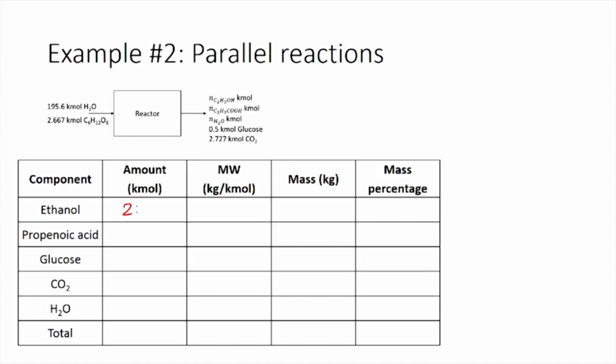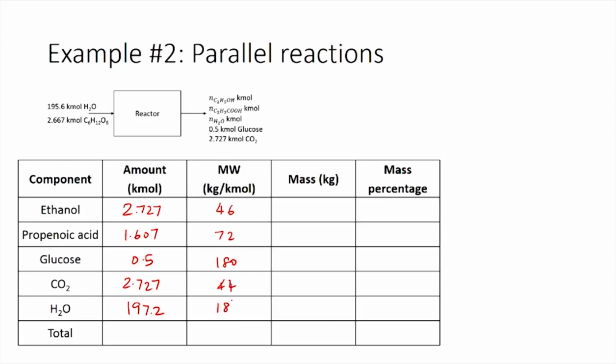Ethanol has been calculated as 2.727 kilomoles, propanoic acid in the final broth is 1.607 kilomoles, glucose in the final broth is 0.5 kilomoles and carbon dioxide is 2.727 kilomoles and water is 197.2 kilomoles. The molecular weight for each of these are known and they are 46, 72, 180, 44 and 18.